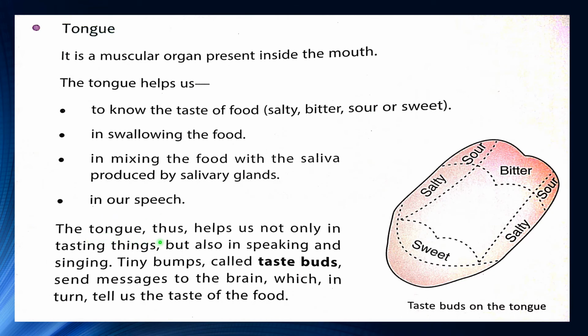The tongue thus helps us not only in tasting things but also in speaking and singing. Tiny bumps called taste buds send messages to the brain, which in turn tell us the taste of the food.